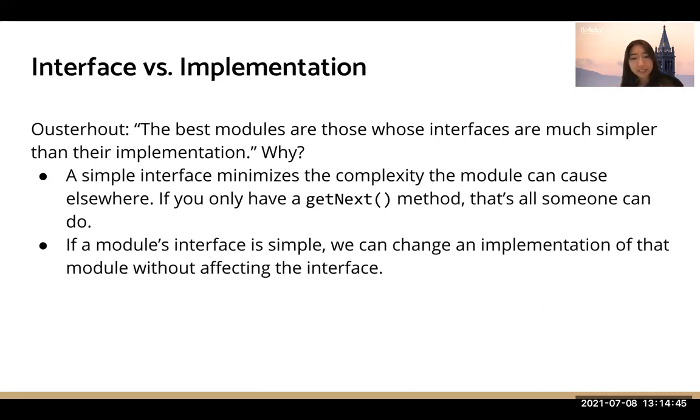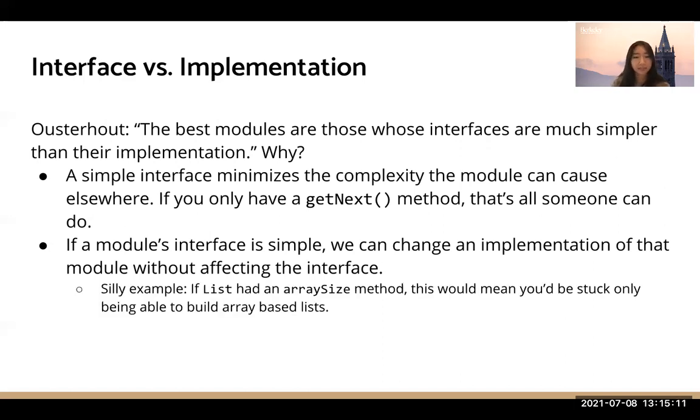If a module's interface is simple, we can change an implementation of that module without affecting the interface, right? This is a really important part of interface design in general: if you have the interface and you have a getNext method, for example, it doesn't matter how you do it underneath. You can change it, you can do whatever you want as long as it works and as long as it's clearly defined.